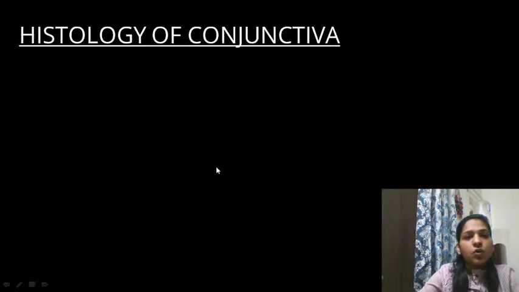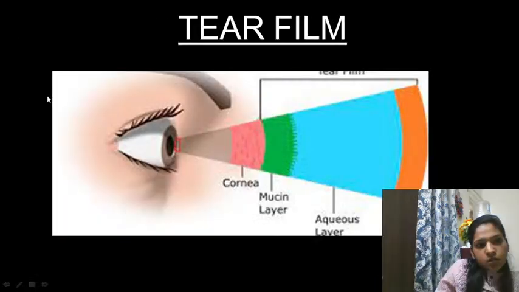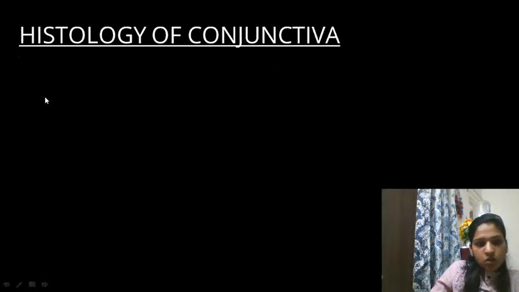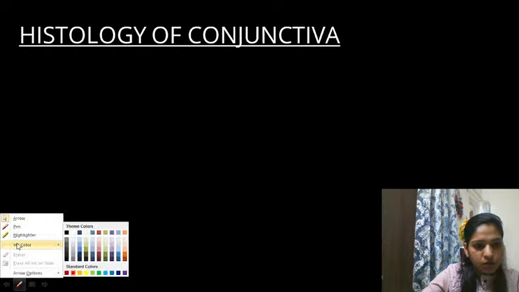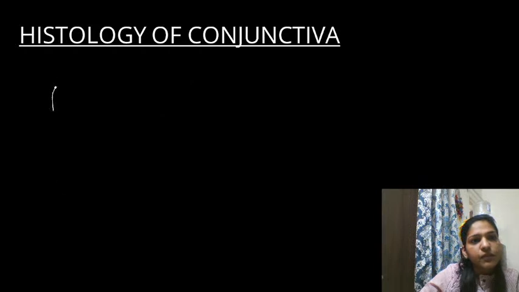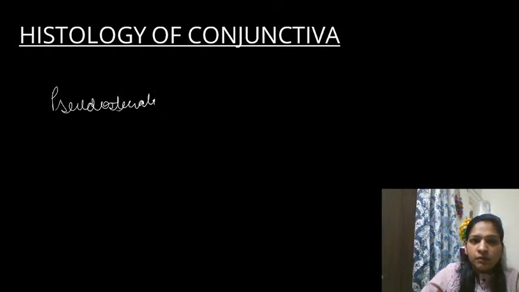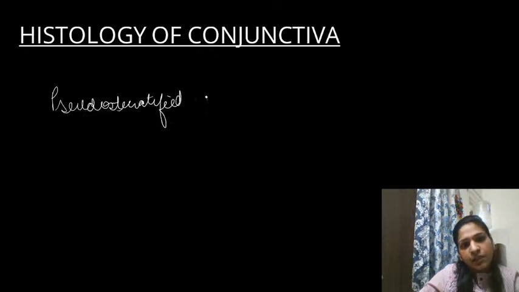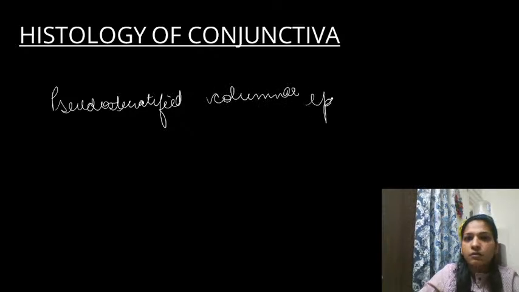Okay, so histology I have already told you. It is pseudo-stratified columnar epithelium. It is 5 to 6 layers thick.